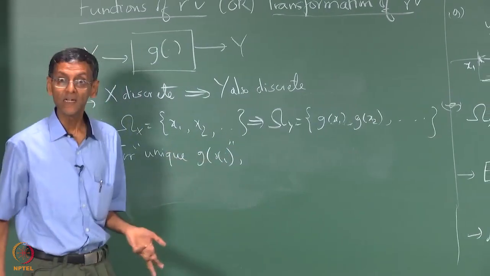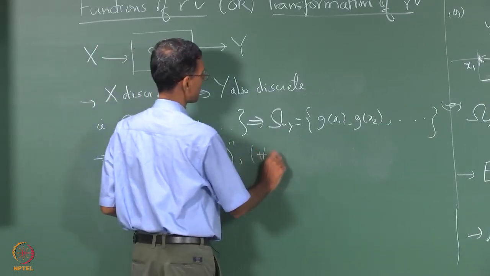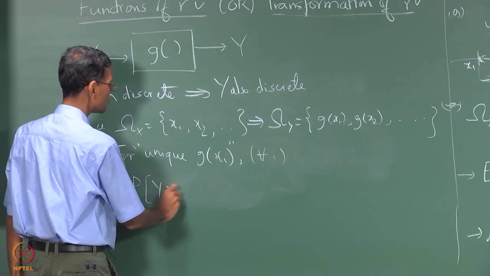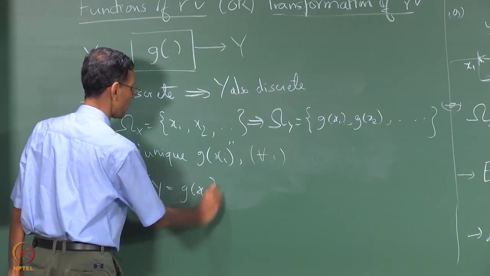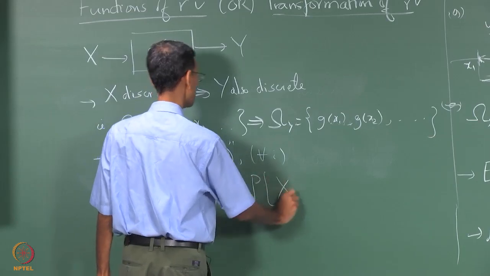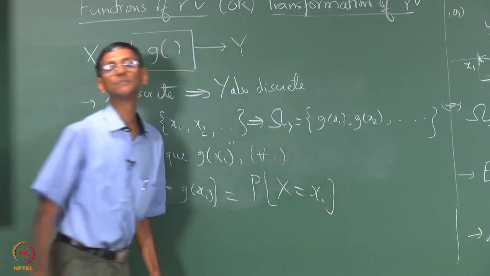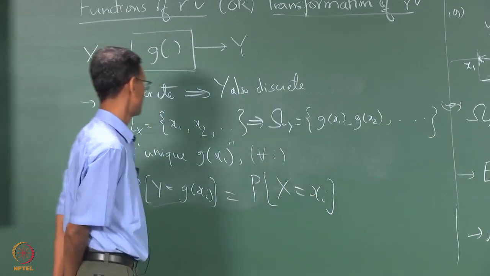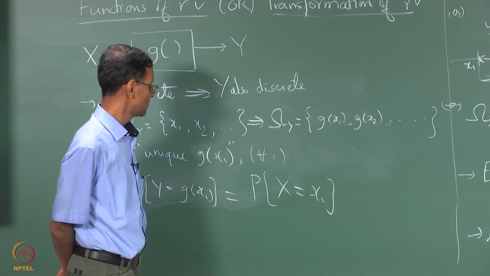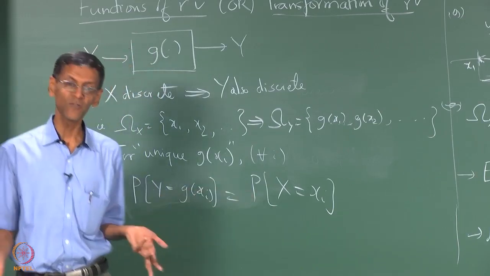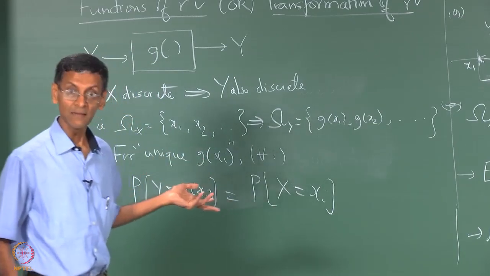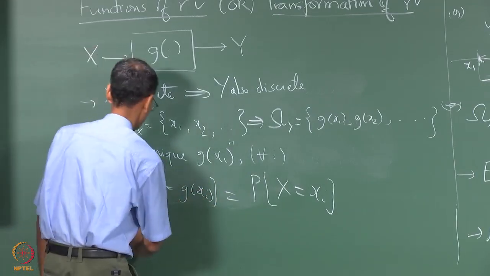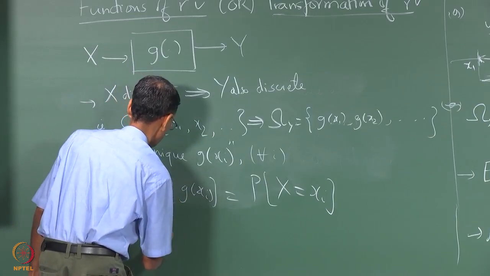If g of xi is unique for all i, then P of y equal to g of xi will be identical to P of x equal to xi. So this determines the PMF of y. If you do this for all i, automatically you generate the PMF of y.